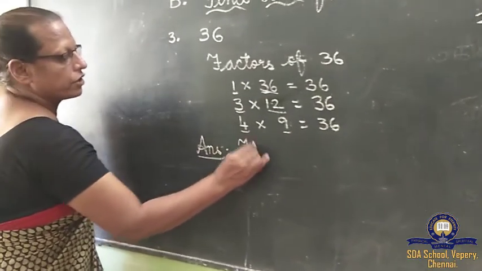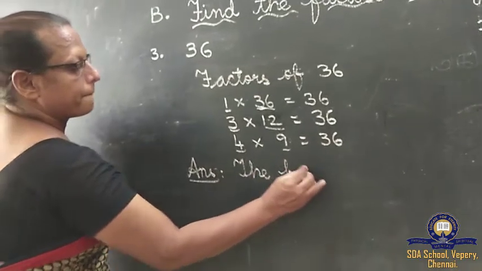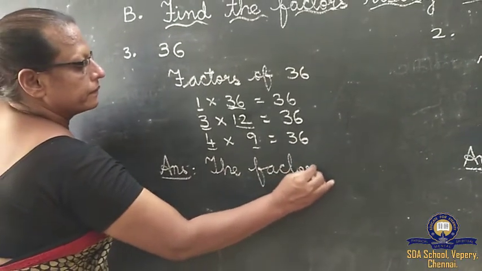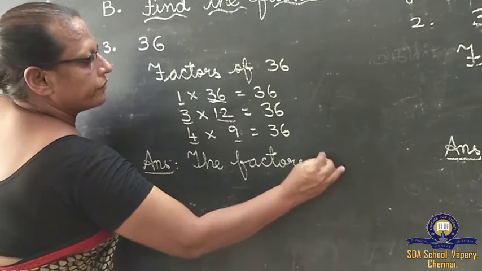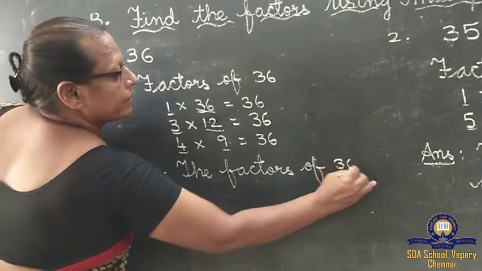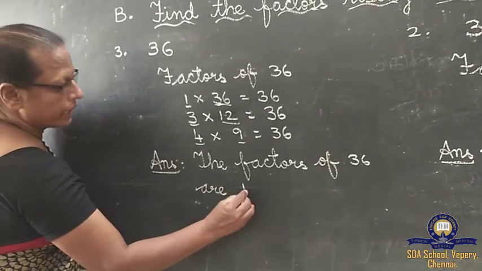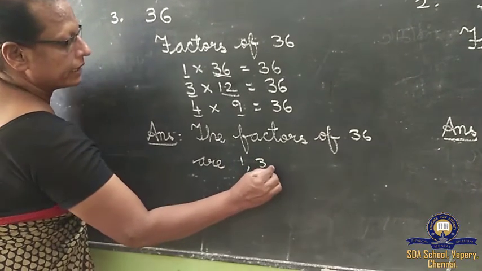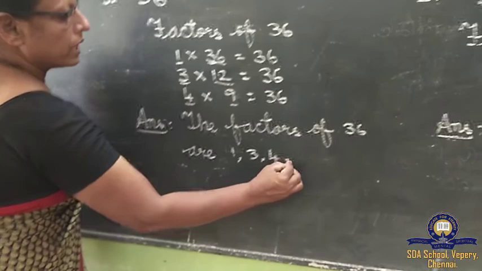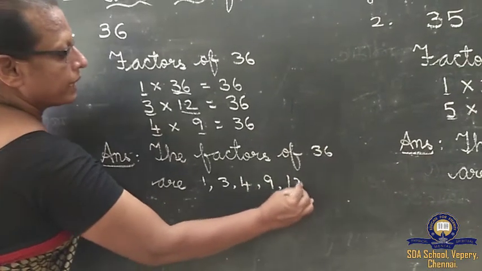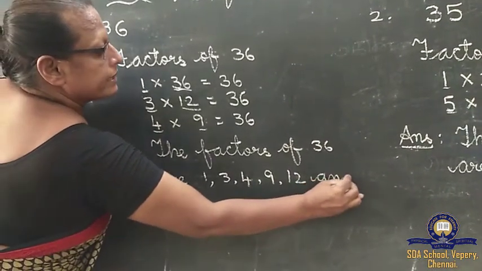The factors of 36 are 1, 3, 4, 9, 12 and 36.